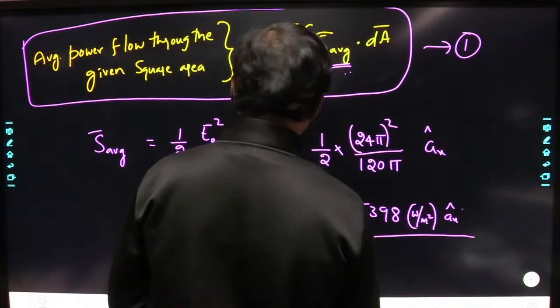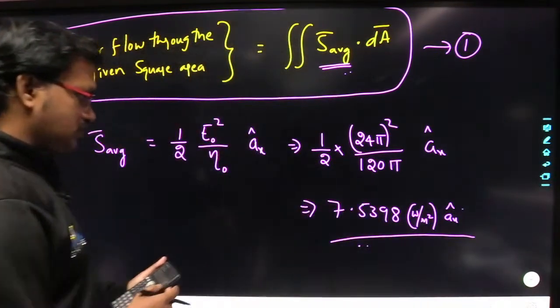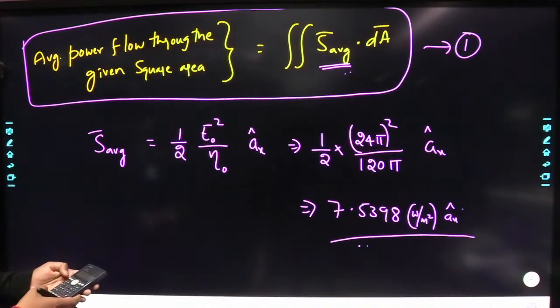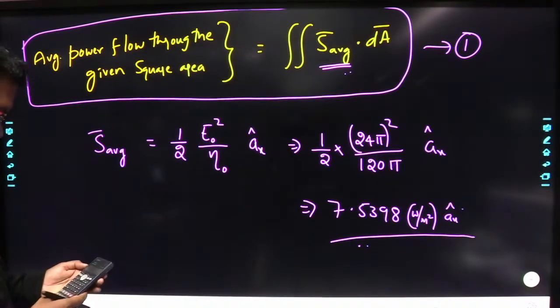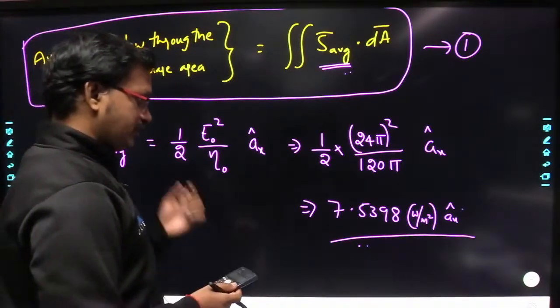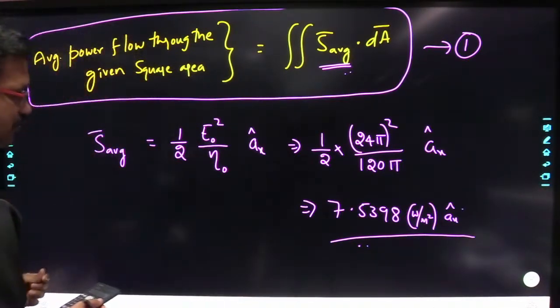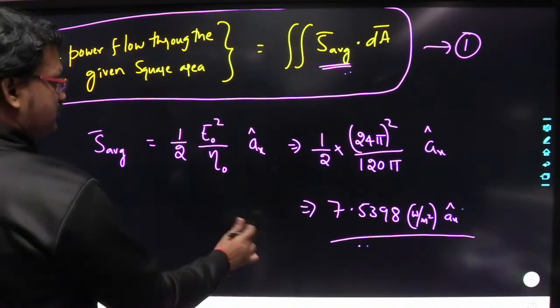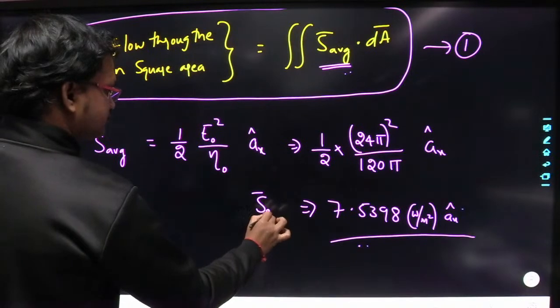So this is S average. Is it correct? Yes, 7.5398, or you can simply say 7.54. So this is the S average value.